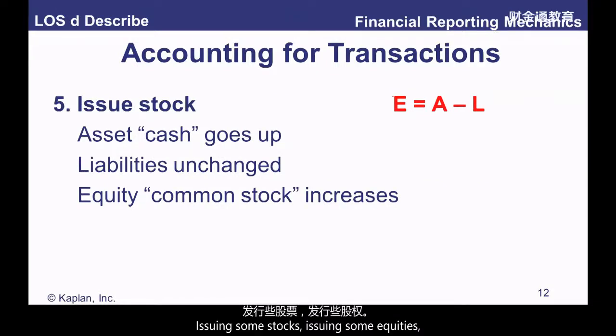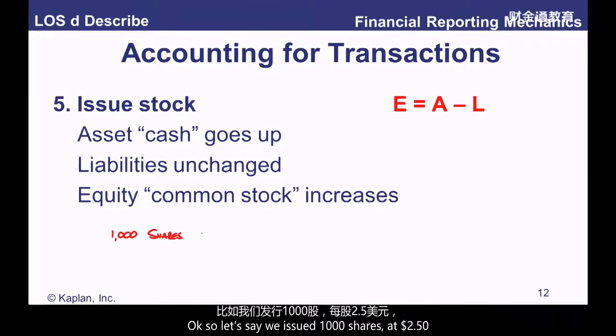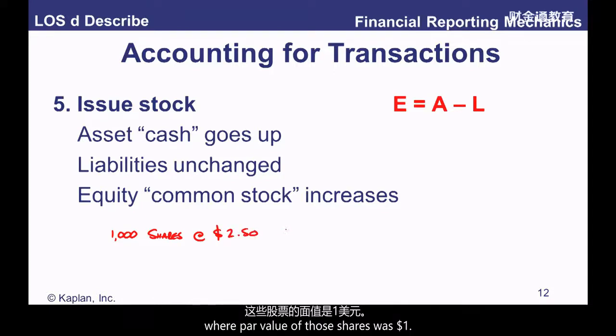Issuing some stock, so issuing some equity. Again, if you're European, we tend to refer to it as shares. US tends to refer to it as stock issues. It just means the equity of the company. Okay, so let's say we issued 1,000 shares at $2.50 when the par value of those shares was $1.